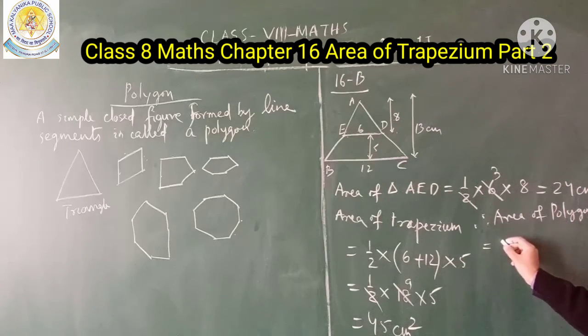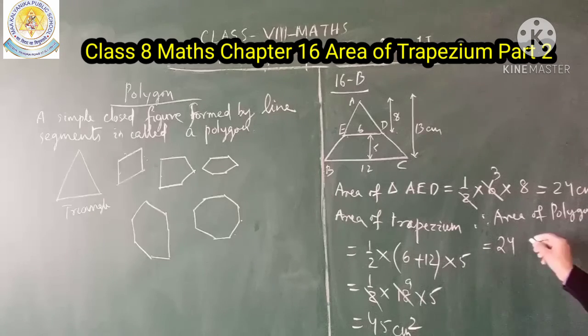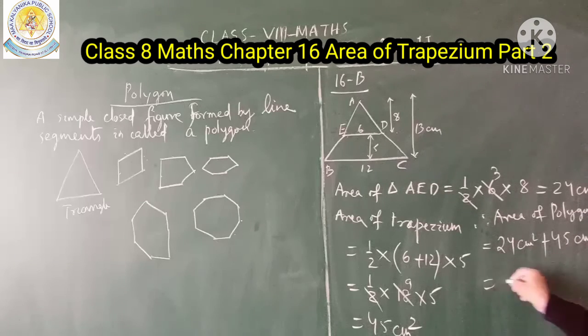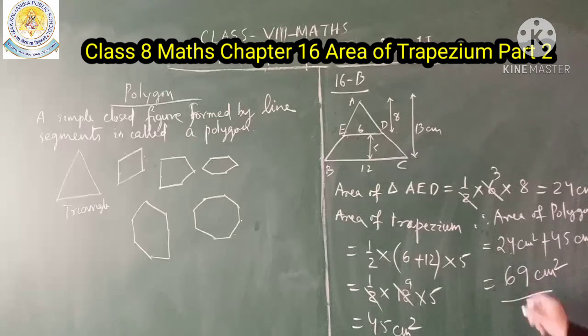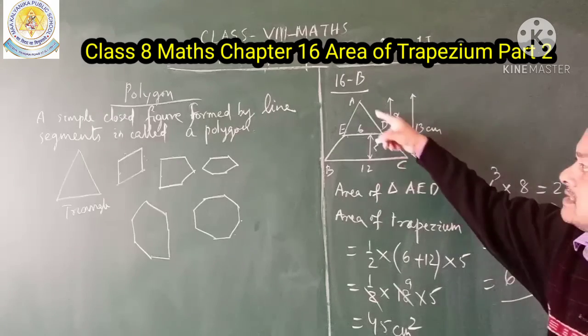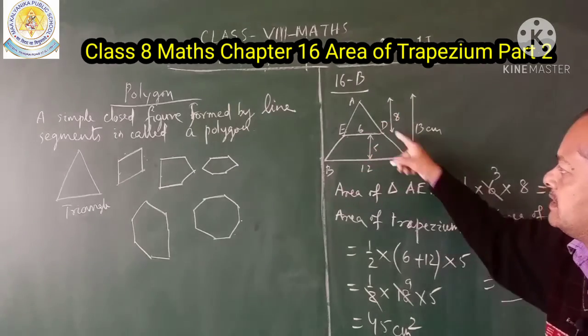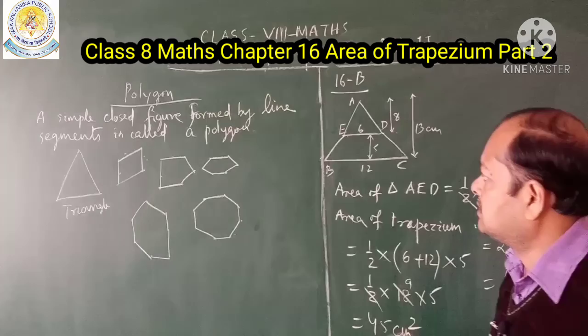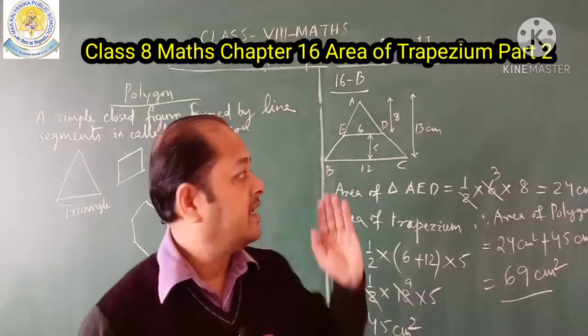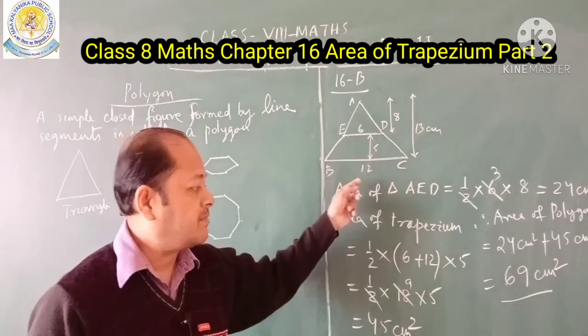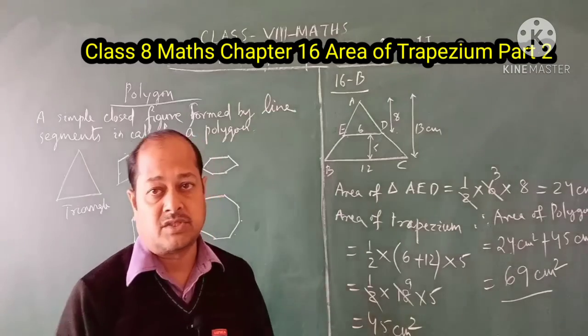Directly I am writing here 24 centimeter square plus 45 centimeter square. That is 4 plus 5 is 9, 2 plus 4 is 6, 69 centimeter square, and it is the area of this polygon. AEBCD is the name of the polygon. Then area equals area of the triangle plus area of this trapezium equals 69 centimeter square. Okay.